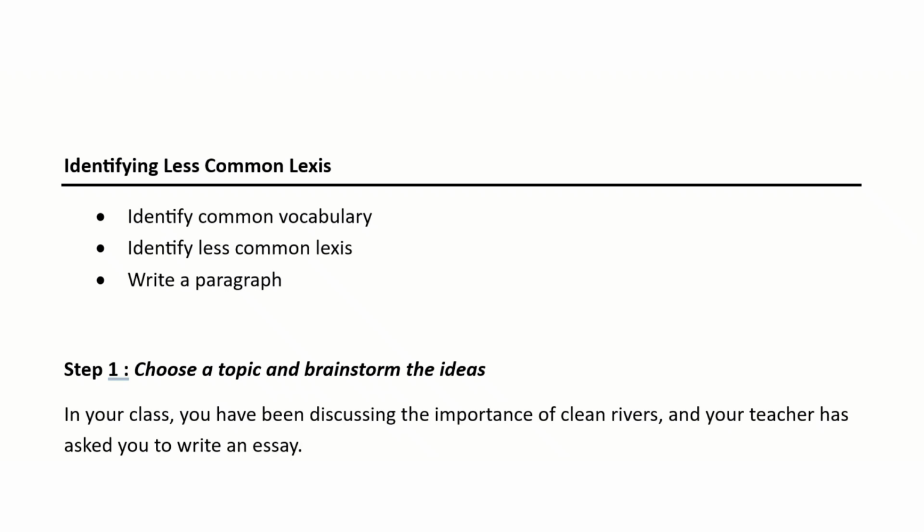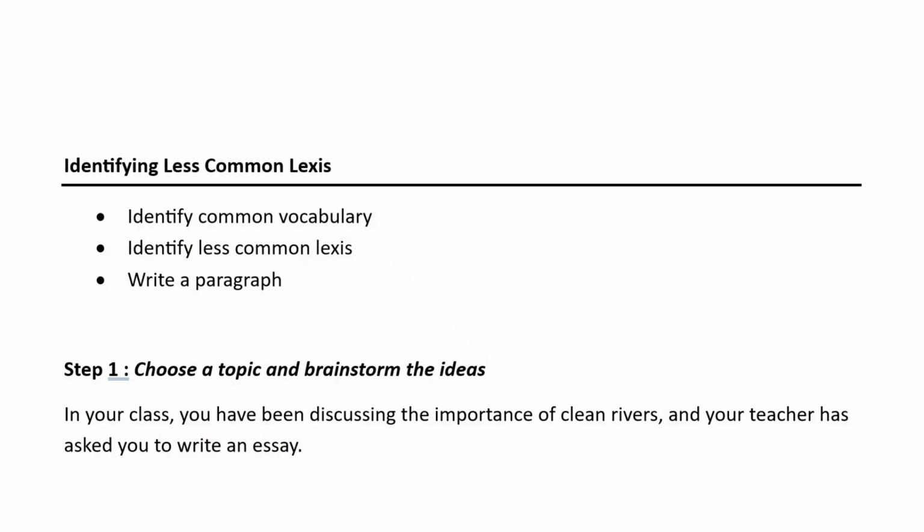And so the first principle, or should I call it a principle, is to identify the common vocabulary. So the idea is we need to find out the current level of the students' vocabulary first.